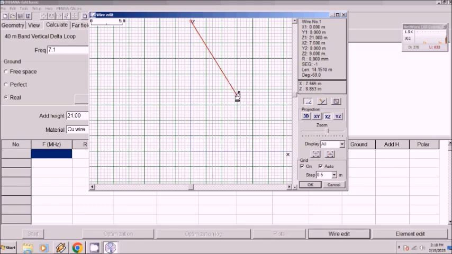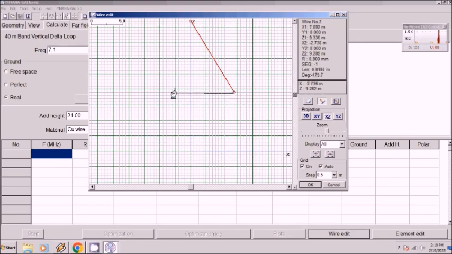This is too long. It should be between 13 and 14. .45. Okay, now we click new wire to draw wire number 2 from here to here.